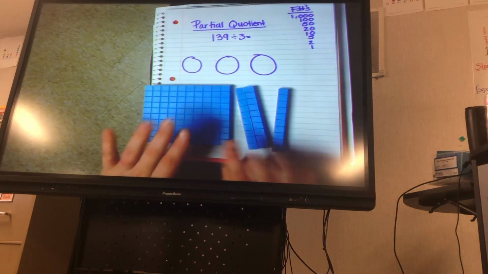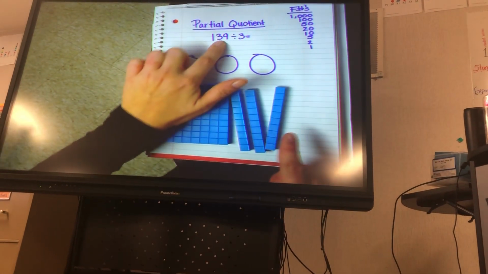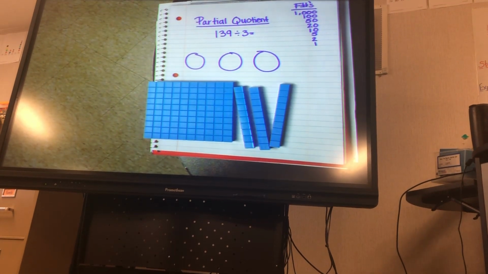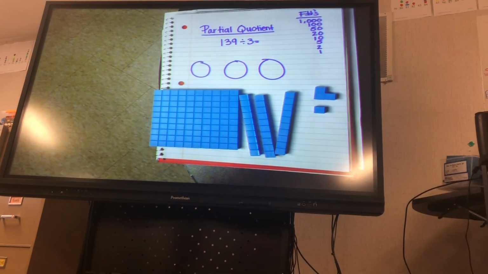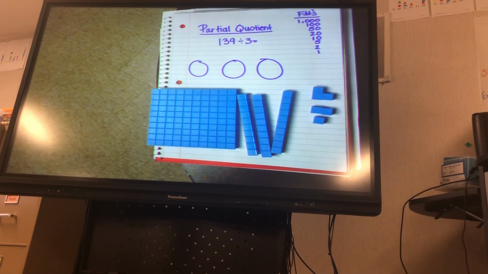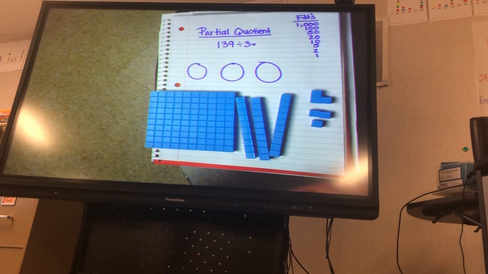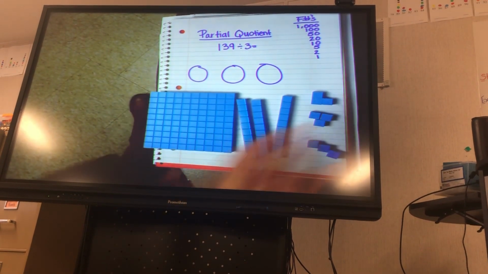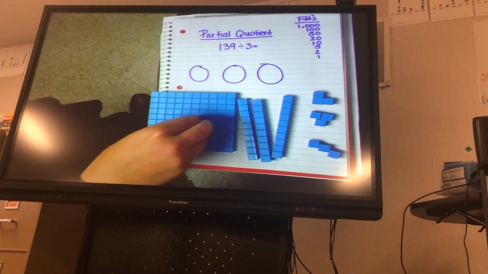So I've got one whole chocolate square, 3 chocolate bars, and how many individual pieces, Delilah? 9. Okay, 130 and 9.